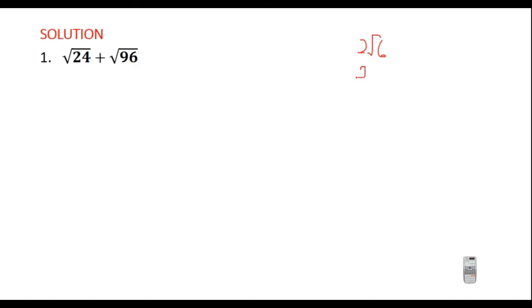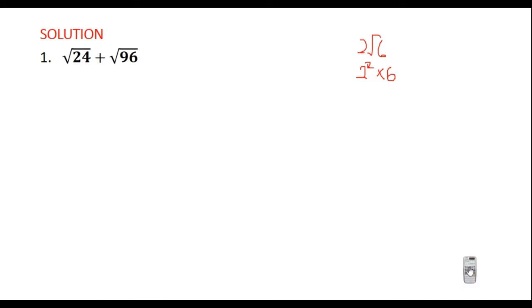So the perfect square in this case is 2 squared. Then times the other number, which is the one under the square root sign, which is 6. We know that 2 squared is the same as 4. So for square root of 24, you are going to have 4 times 6 to replace 24 here.